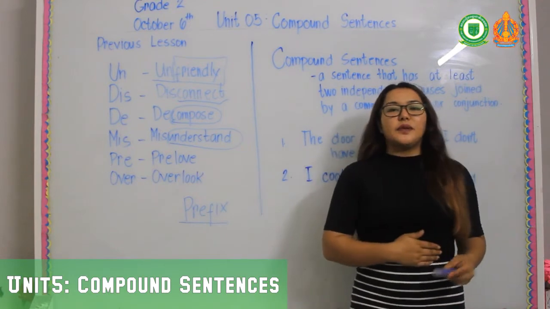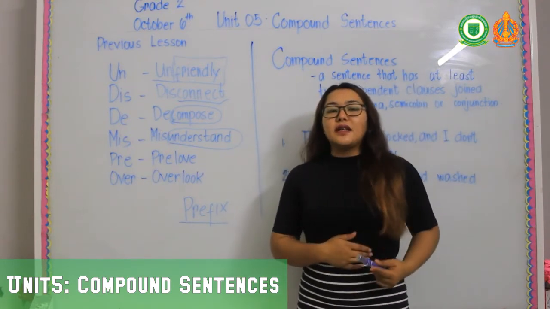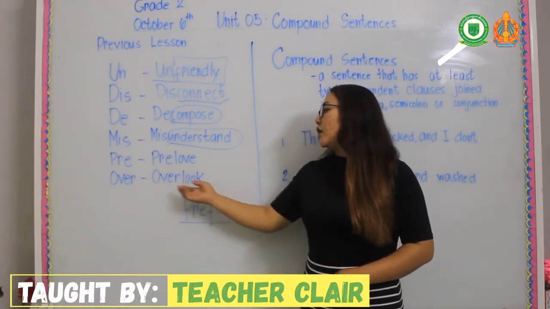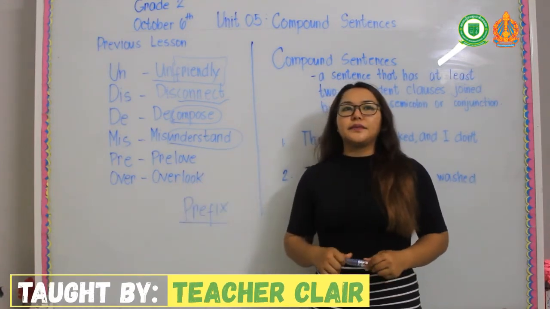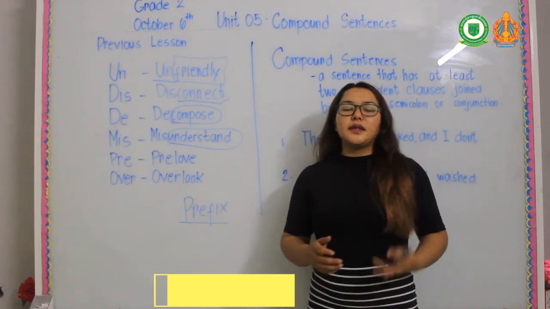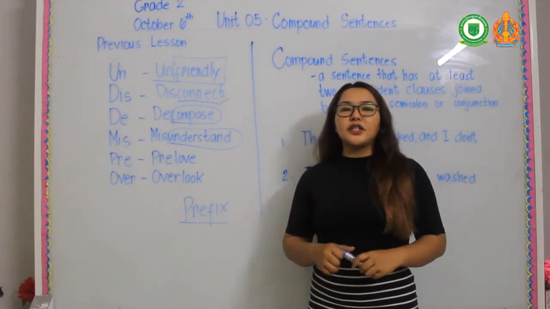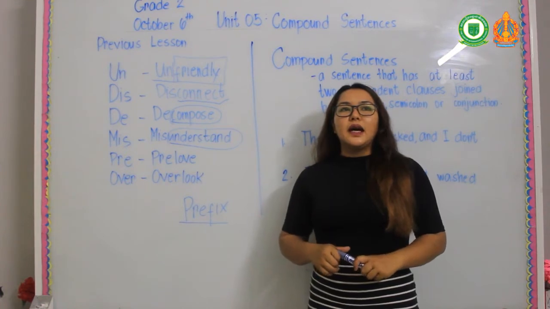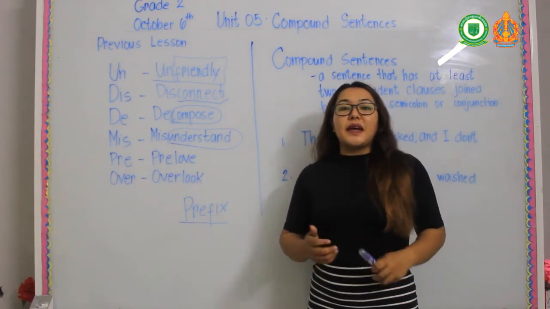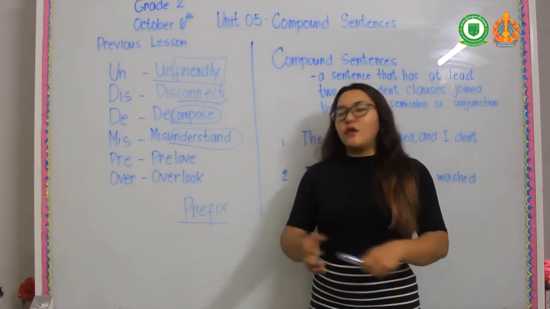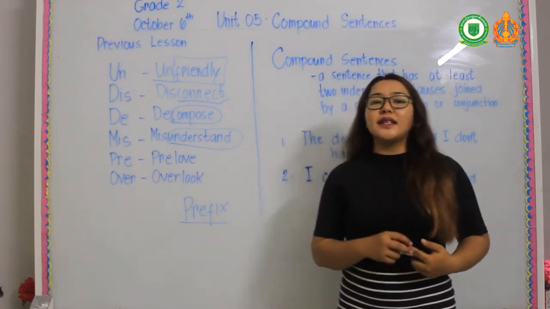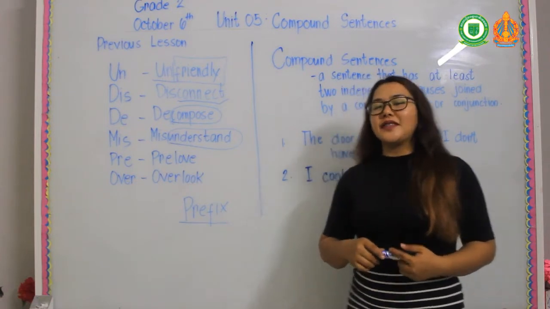So this shirt will be a preloved item that I'm giving away to someone. Okay? Overlook. Overlooking something, you're becoming exaggerated sometimes, or, for example, you didn't expect something to happen. Overlook. Okay? So this is just a review, everyone. If you need more examples, I can send you more examples.